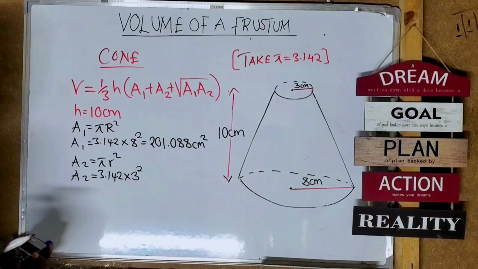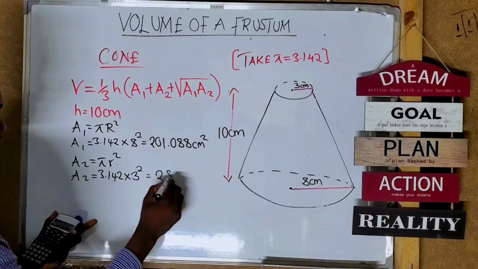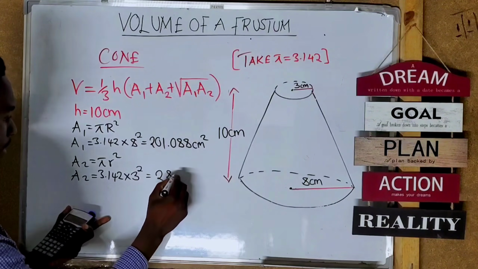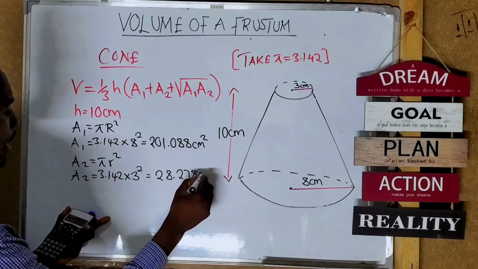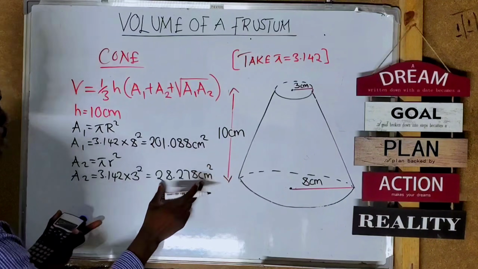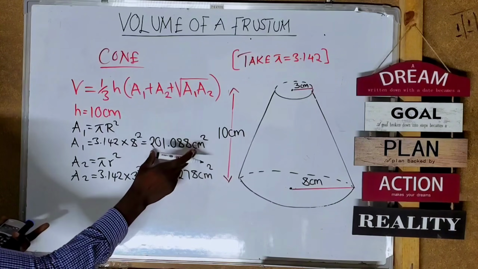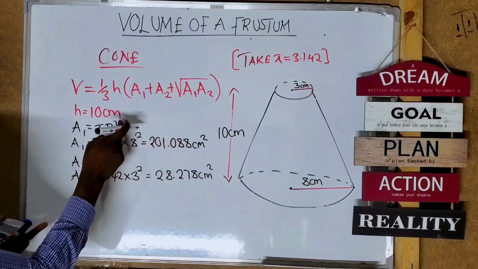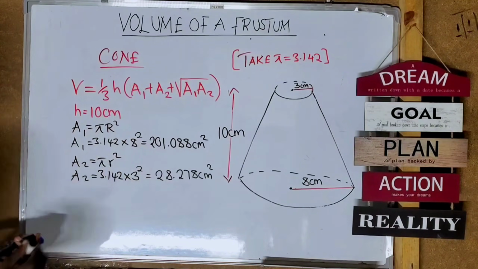This is giving me 28.278 square centimeters. This is the area of the smaller circle, and the other is the area of the larger circle. And we know the height is 10.